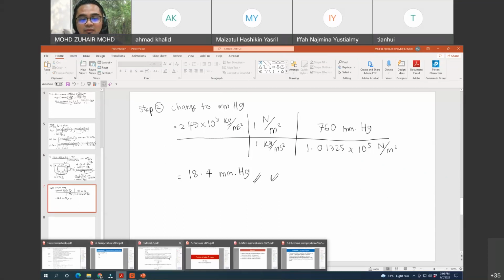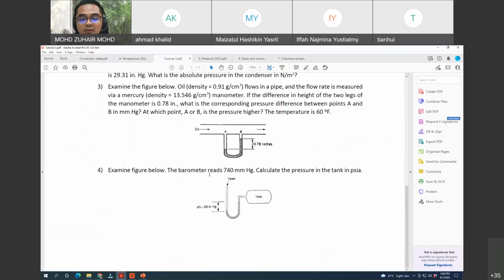And for question 4, examine the figure below. The barometer reads 740 millimeter mercury. Calculate the pressure in the tank in PSI. Okay, so like this one, may I know whether the pressure in the tank is higher or lower than the atmospheric pressure? Anyone can answer? Atmospheric pressure is higher.